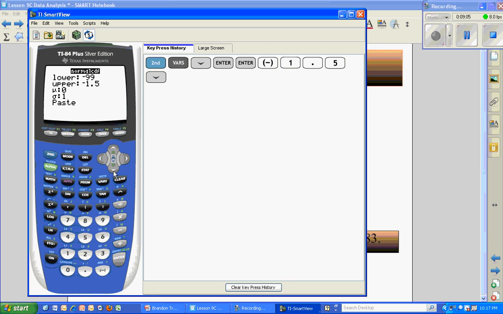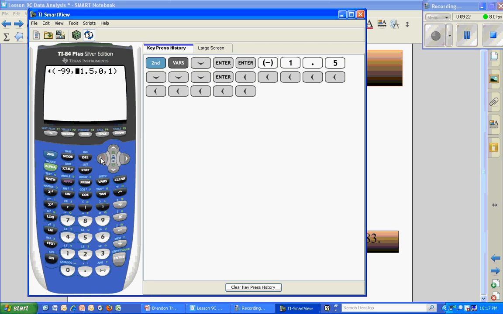Your mean now is going to be 0, because remember we're standardizing this, and your standard deviation is going to be 1. So you want 0, 1. If you don't have the new system, this is what you'll see. You would have seen the normal CDF, and it would have automatically opened the parentheses.